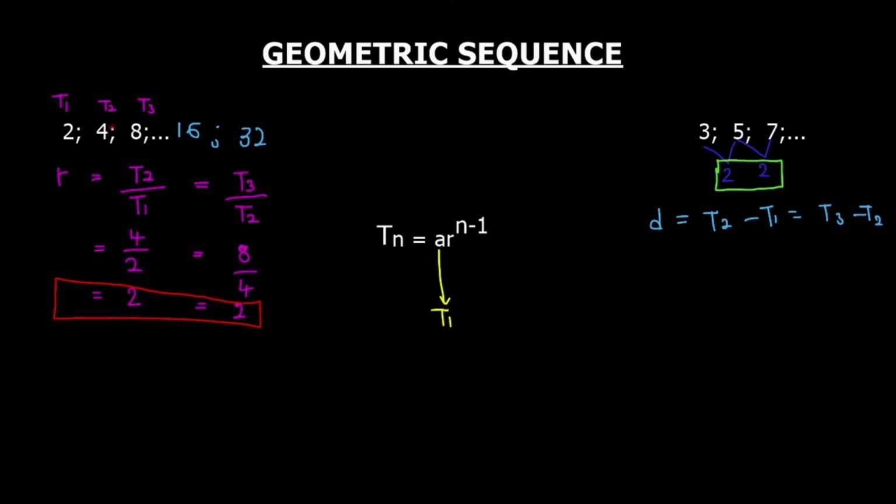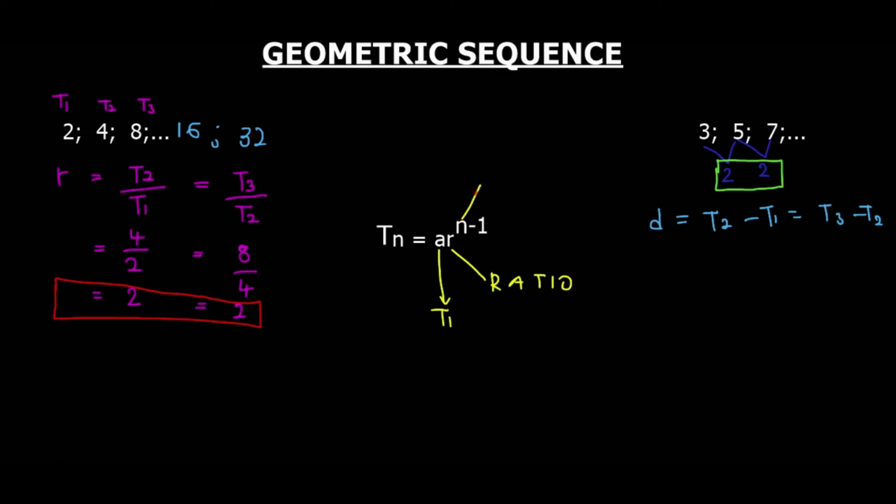So for this sequence, our A is going to be 2. And R is the constant ratio, meaning R is equal to T2 divided by T1, or equal to T3 divided by T2. So for this sequence, our ratio is going to be 2, because it's T2 divided by T1 or T3 divided by T2.